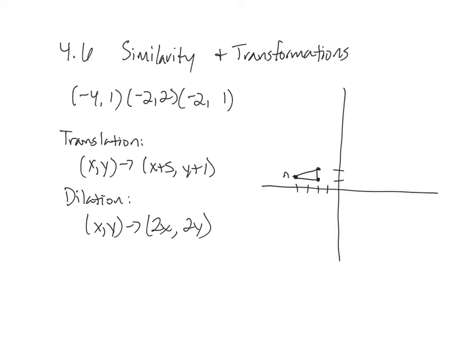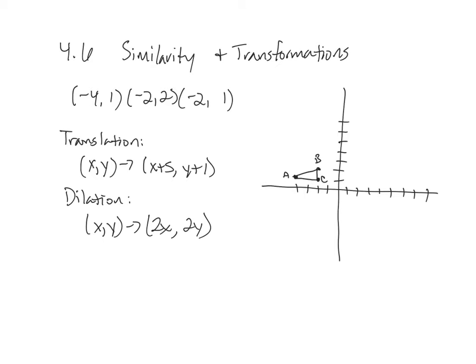So we have A, B, and C. Alright, so translation x plus 5, y plus 1. So every point, 5 to the right, in positive x directions to the right, negative would be to the left, and then up 1.